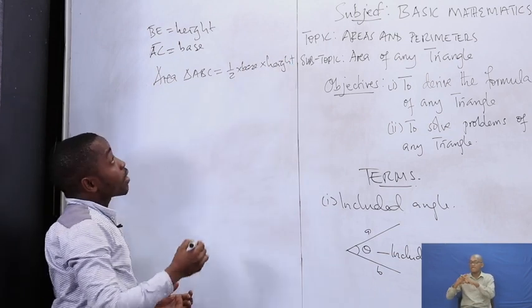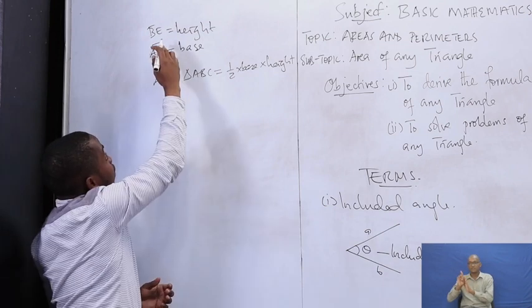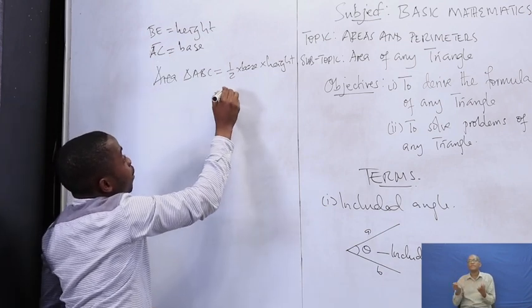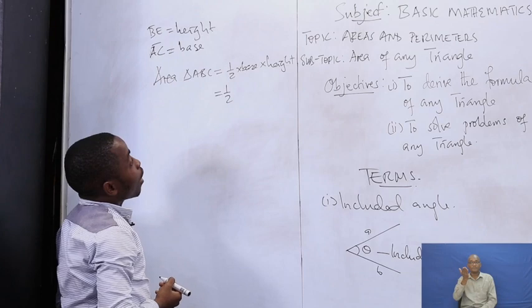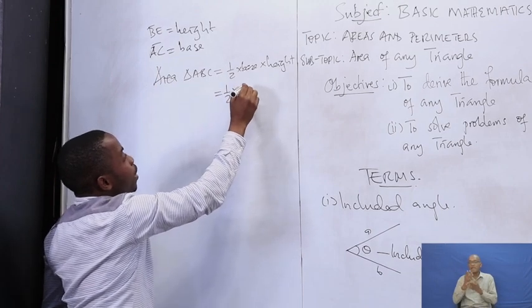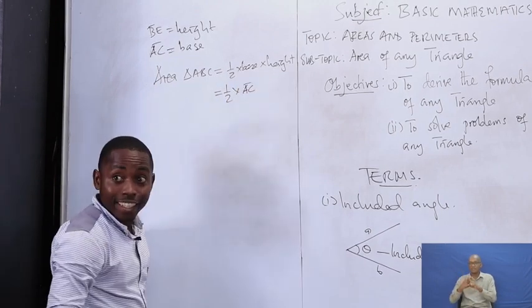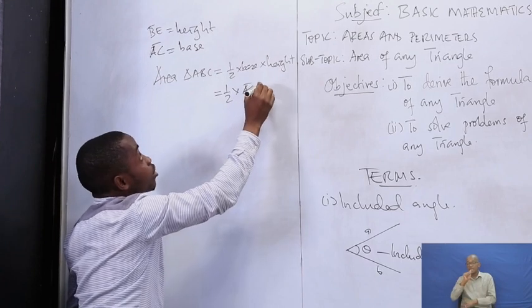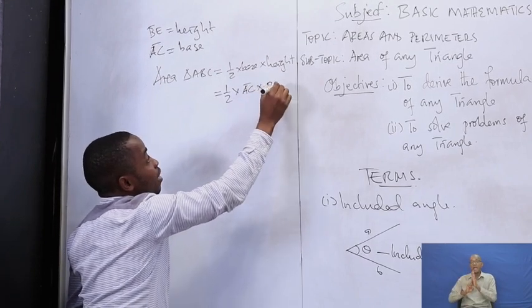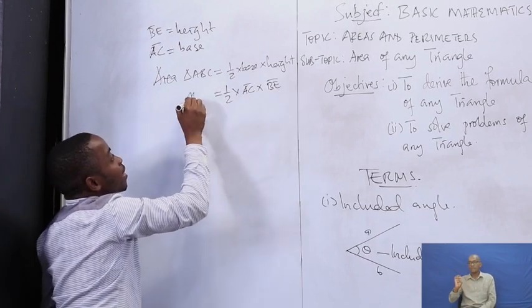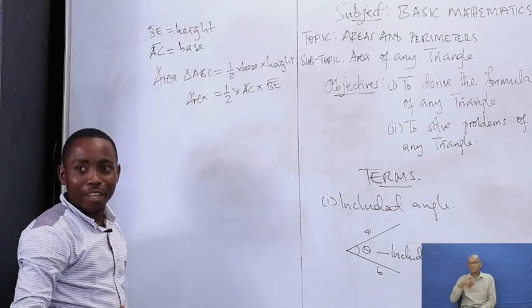But how can we get that by using these symbols? It is a half times base. Our base is side AC, and the height is BE. We can say that this is the area of triangle ABC.